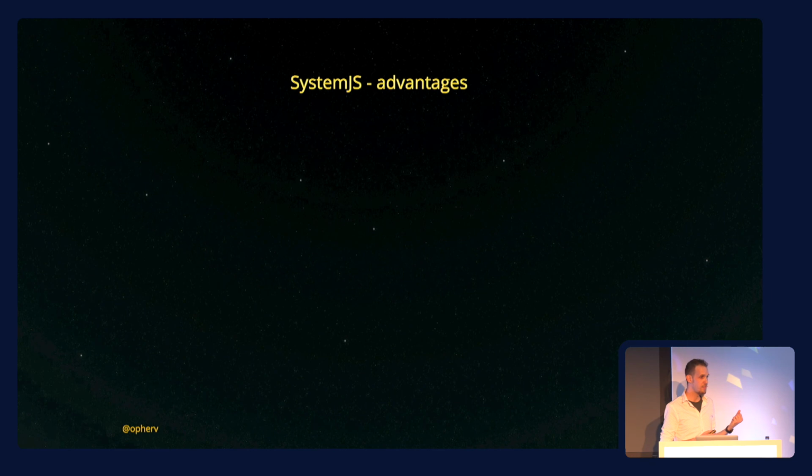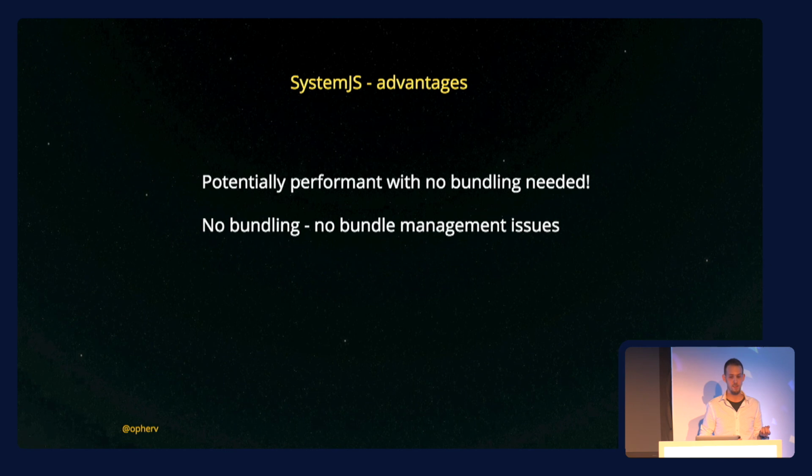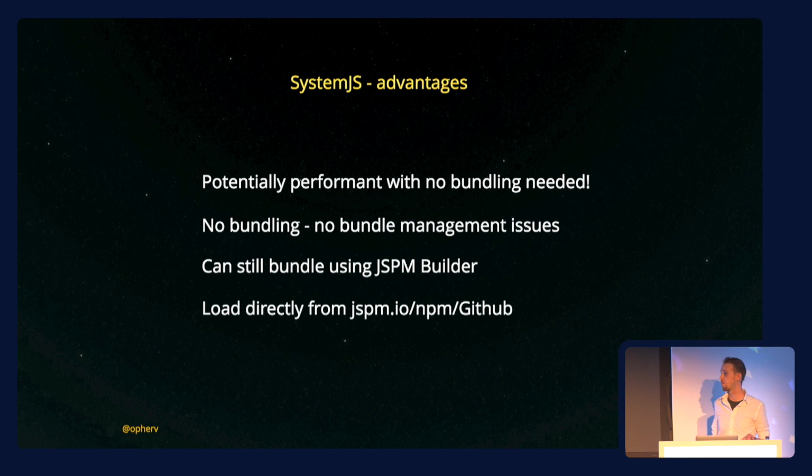So the advantage of SystemJS is that it's potentially really performant with no bundling needed, because we're working with HTTP2. And if there's no bundling, then there are no bundle management issues, so you don't even have to solve that. You can still bundle, though, if you want to, using the JSPM builder. And you can load those directly from GitHub or NPM or JSPM, whatever you want.